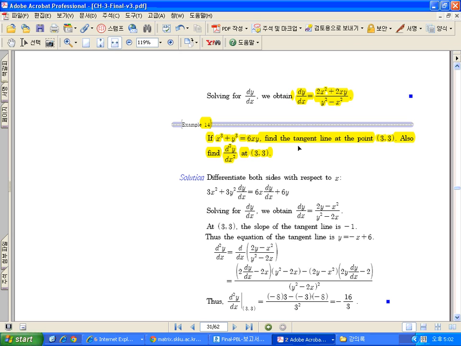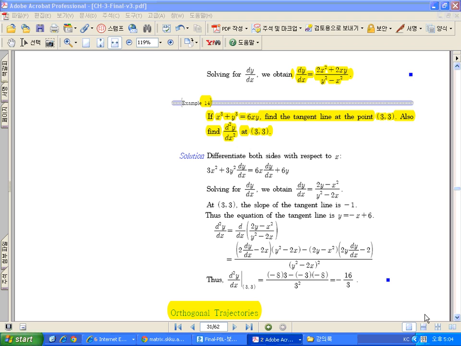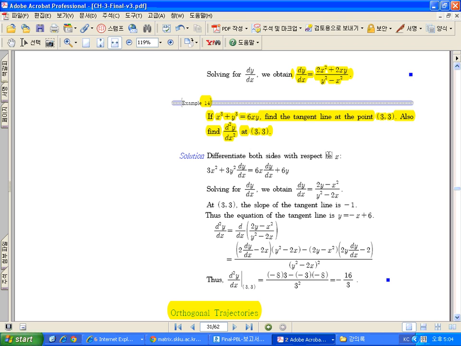So what we were asked is to find dy dx and d squared y over dx squared. What are we supposed to do? Like what we did before, in order to find the first derivative of y with respect to x, we differentiate both sides with respect to x. So we have 3x squared plus 3y squared times dy dx equal to this.